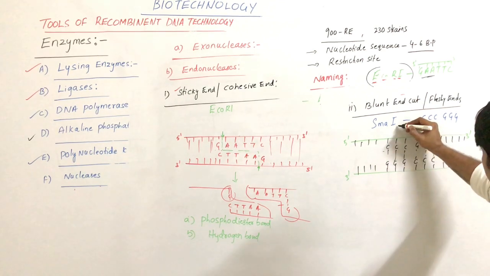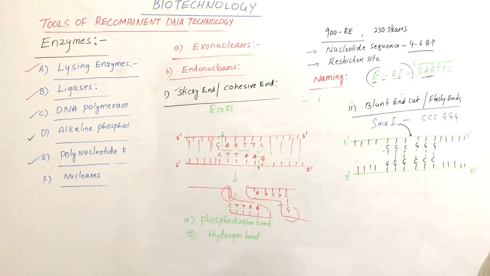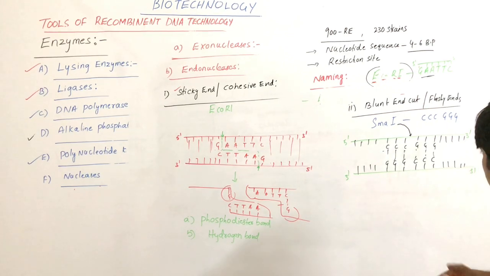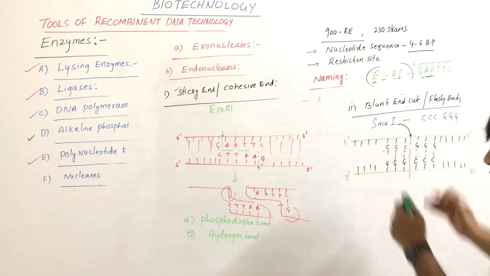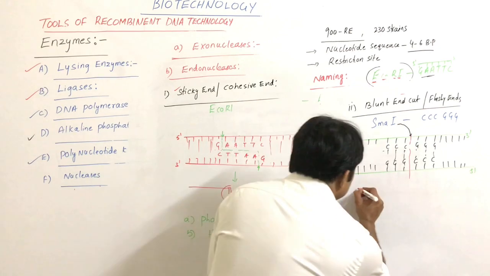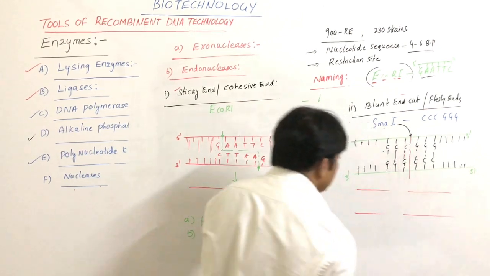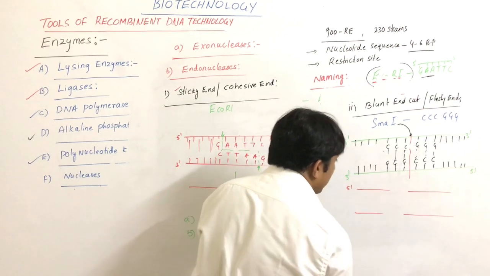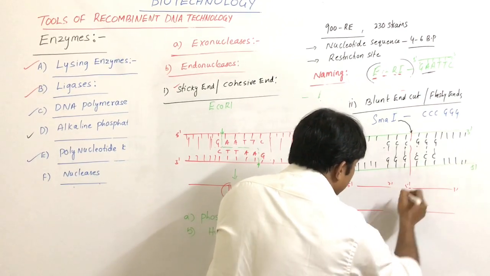If I employ SMA1, SMA1 cuts this DNA strand at the center of the palindromic sequence and produces two blunt end cuts. Now this is 5', the 3' was broken, this becomes a 3' and this becomes a 5'.